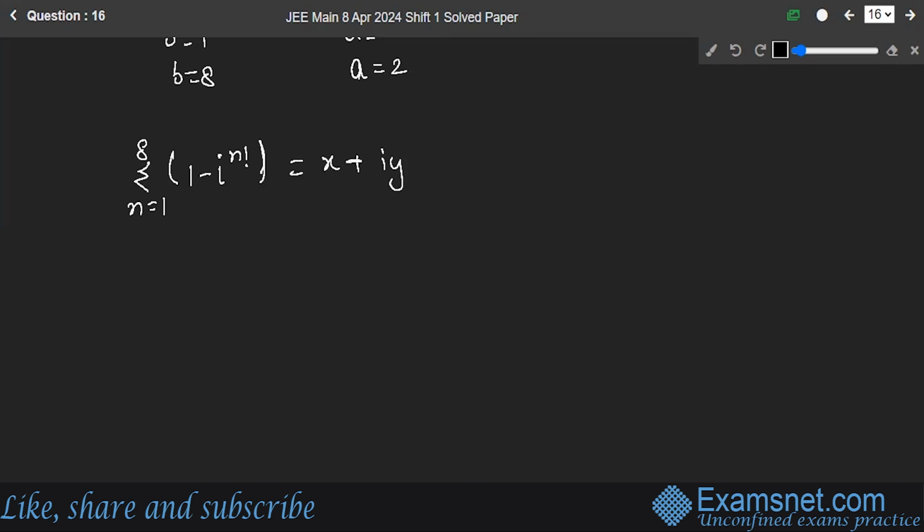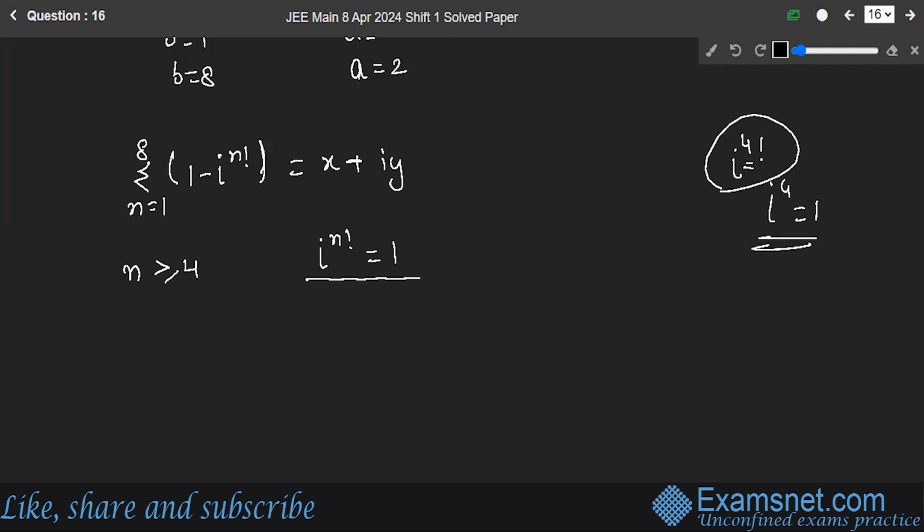Now listen to one thing: when you have n greater than or equal to 4, you will surely have iota power n factorial equal to 1, because 4 factorial or above will surely give you iota's power 4, and iota power 4 is equal to 1. So that will give you a 1 only, right? So anything, iota raised to power n factorial for n greater than or equal to 4, will give you 1 only.